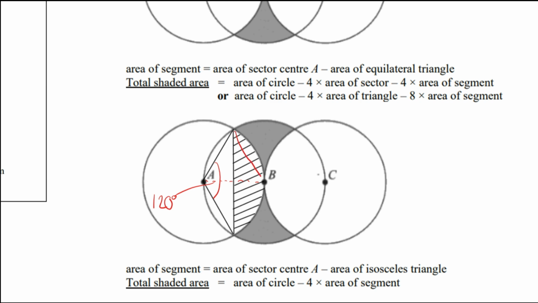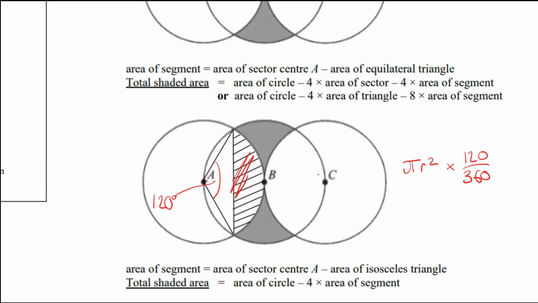You can think of it as this being our equilateral triangle, and then if one of these is 60, two of them is 120. So if I move those, you would do pi r squared times 120 over 360, which would be a third. So you can see how you'd get that following a similar method.